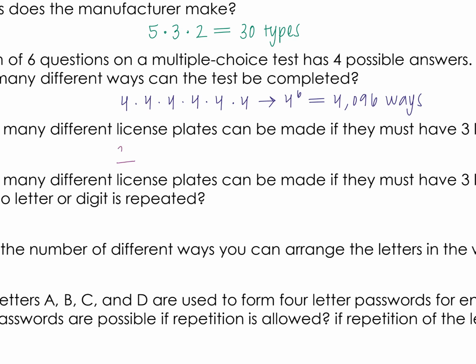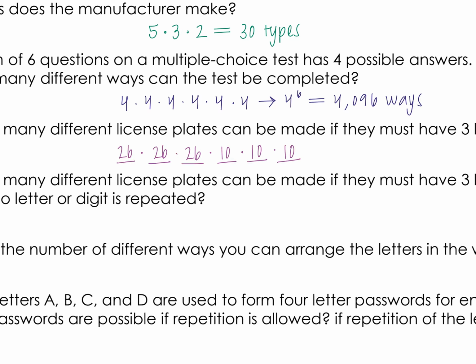So I have 26 times, when I make my next choice, I have also 26 times another 26. Then when I move into my 3 numbers or 3 digits, I could pick 10 times 10 times another 10, because they don't mention here that they cannot repeat in these scenarios.